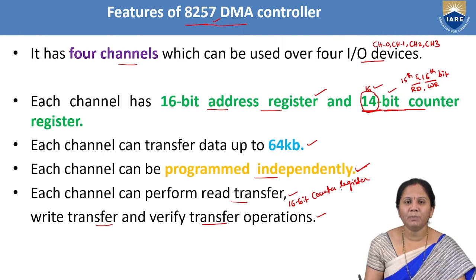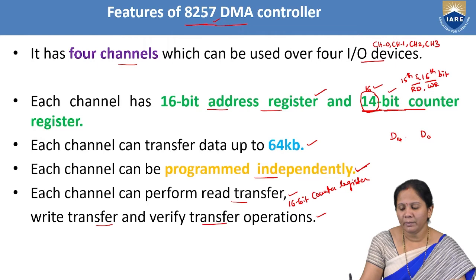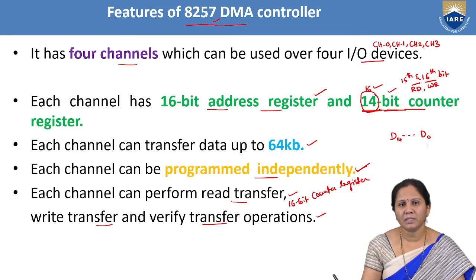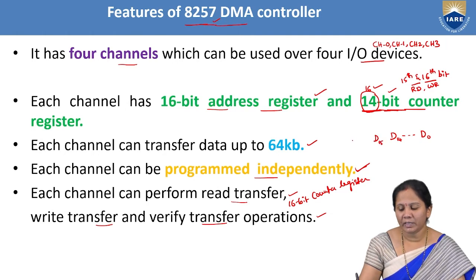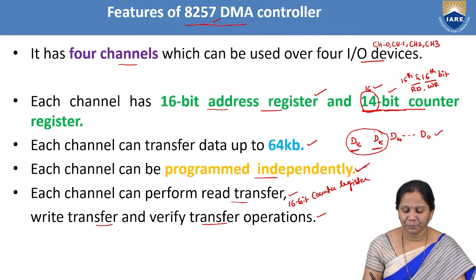In this 16-bit counter register, the bits up to D14 represent the information related to the count, whereas the D15 and D16 bits represent the read and write operation. Since this counter register is available in all the 4 channels, by using these 2 bits of the 16-bit counter register, it is possible to have read transfer, write transfer and verify transfer operations for each channel.